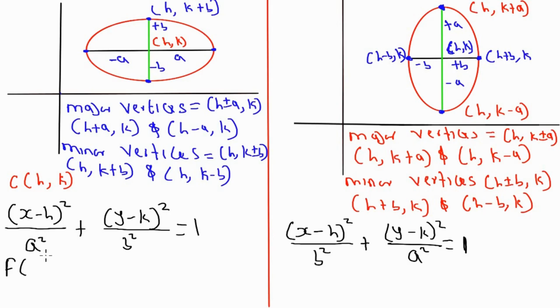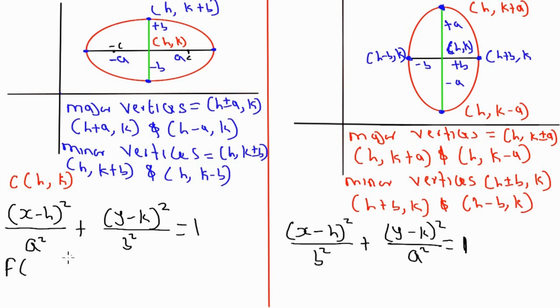You get my point now? Let me come again. c is a distance between the center of the ellipse and the coordinate of the major vertices along the horizontal or along the major axis. So for this one, let's say this is c. It has to be some units away from the center of the ellipse, and this will be minus c.